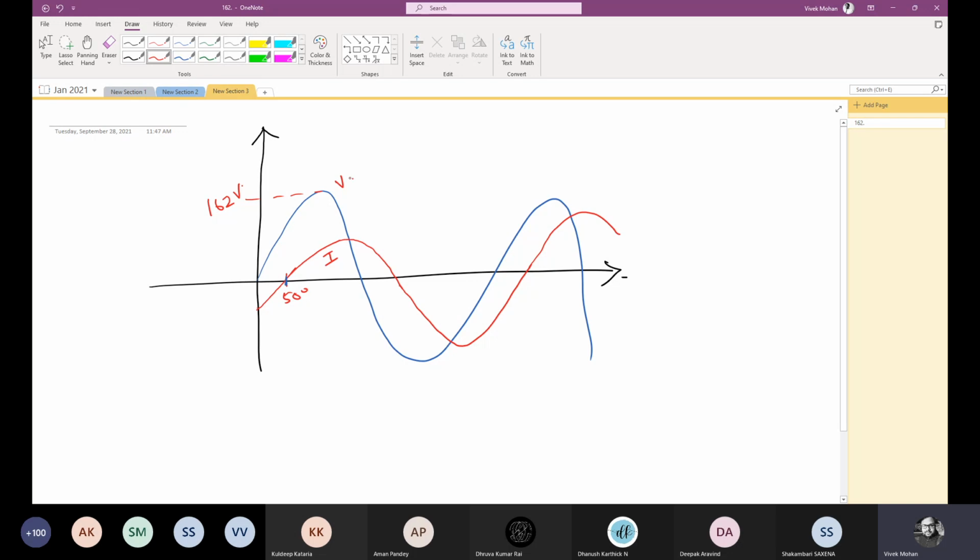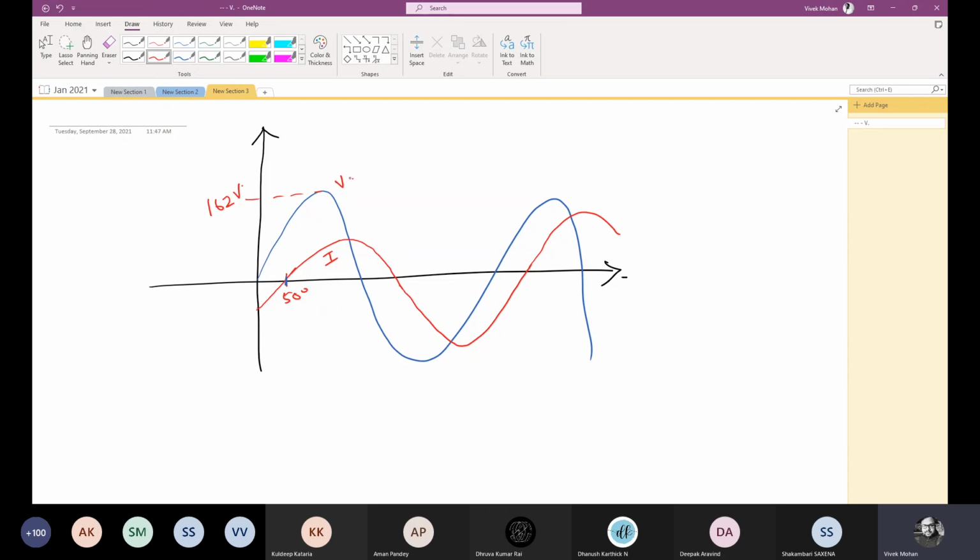This is my voltage waveform. Now, if I multiply these two, I will get my power waveform. Obviously the magnitude will be higher, so the crests and troughs will be higher when compared to the voltage and current waveforms.